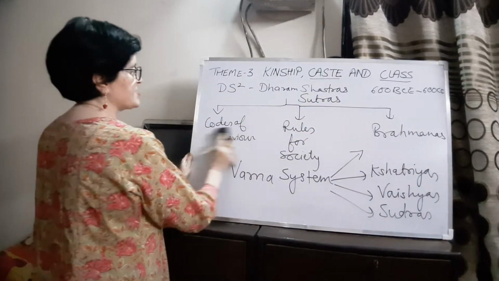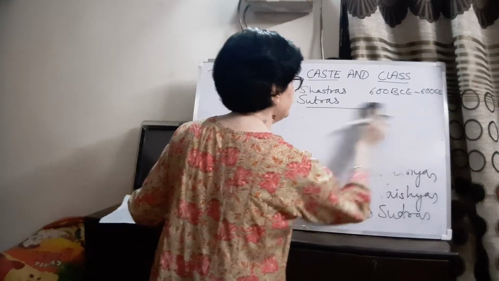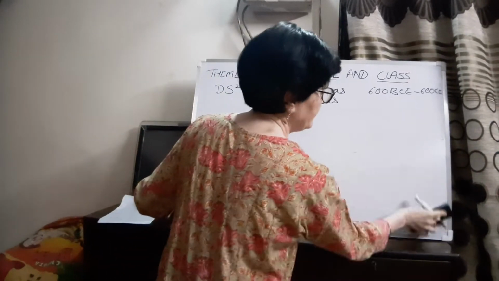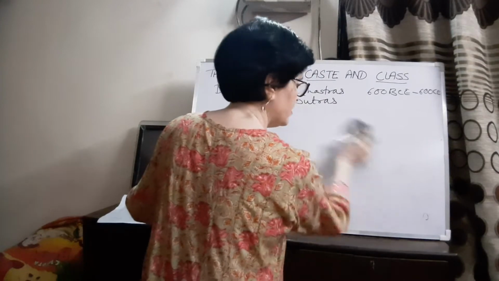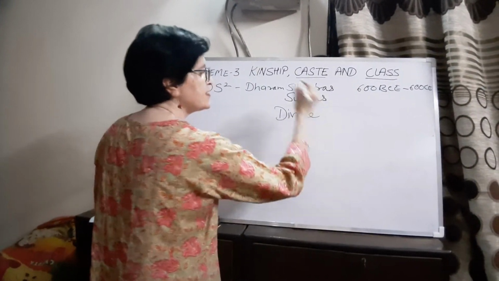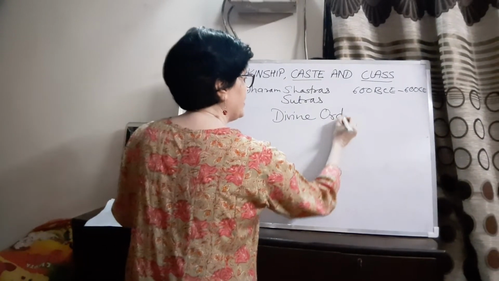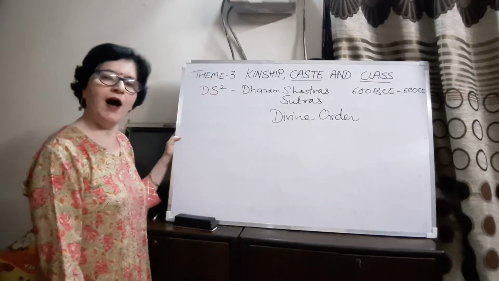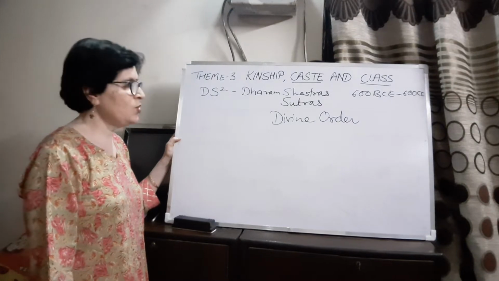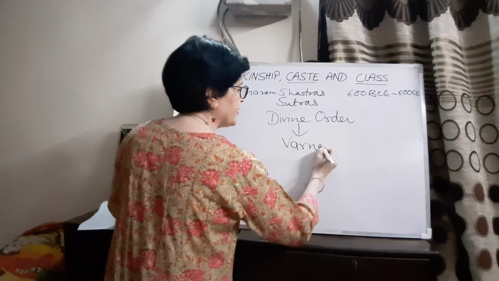In the Dharma Shastras and Dharma Sutras, we call them a divine order. Why do we call them a divine order? Because it is predicted that there was some primeval man, and these 4 varnas originated from him. So the varna system was a divine order.